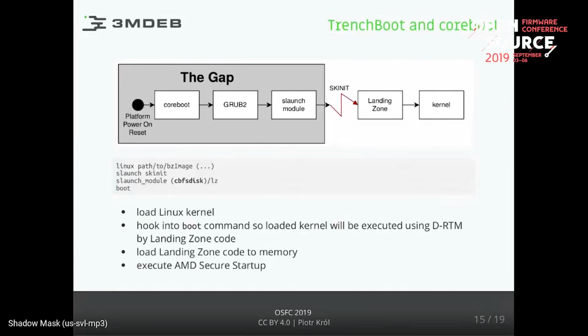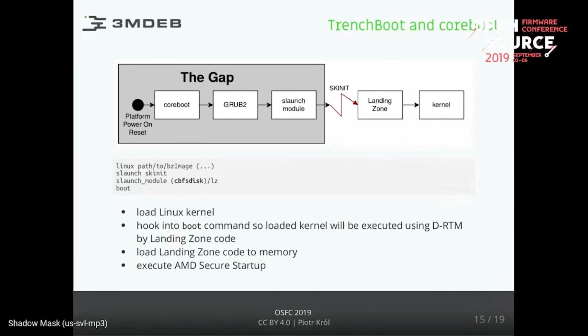Then in GRUB we have the slaunch module, which is an extension to GRUB, and we invoke the skinit instruction. We have this secure loader, which is called landing zone in TrenchBoot, and it can run a measured Linux kernel, which I will present to you in a second.